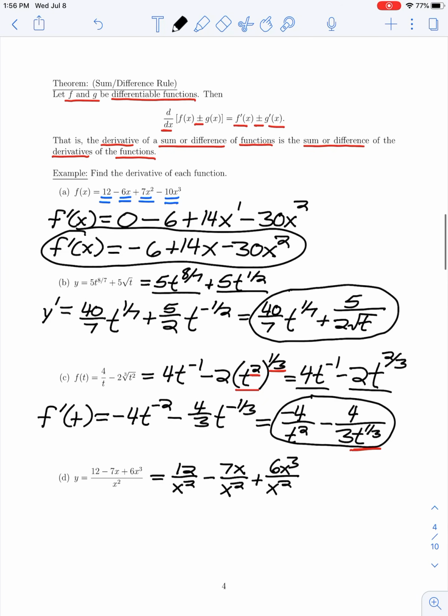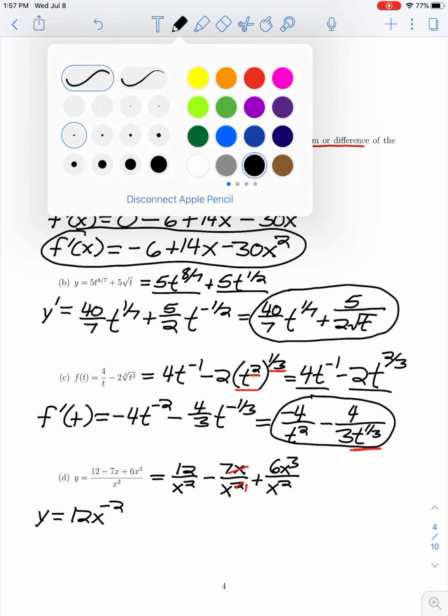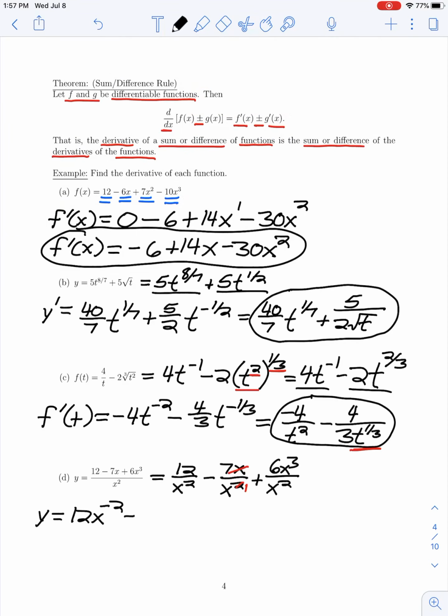Or if I simplify this a little bit, y could be written as 12 times x to the negative 2. In my second term, I have an x divided by x squared. That's going to leave me x to the first in the denominator. So I've got minus 7 divided by x, or 7x to the negative first power.